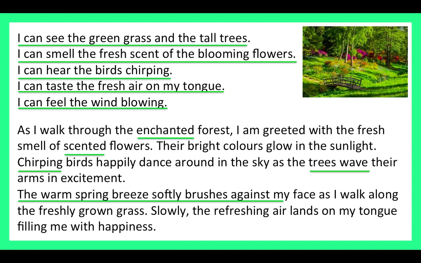The fact that it brushes against my face softly suggests the weather is not harsh, rather it's pleasantly warm, with cool air. Finally, the last example, the use of the verb feeling emphasizes the extent to which the narrator feels a sense of happiness and delight, as opposed to just saying, "it makes me happy," which doesn't allow the reader to imagine exactly how happy the narrator feels.